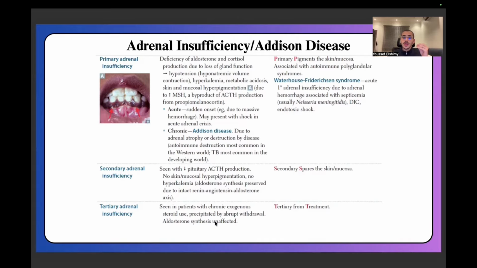So in order to prevent this, you usually taper it down. Whenever a doctor prescribes corticosteroids, they tell the patient to taper it down when they want to stop, in order to give time for the adrenal gland to regenerate and regain its function.